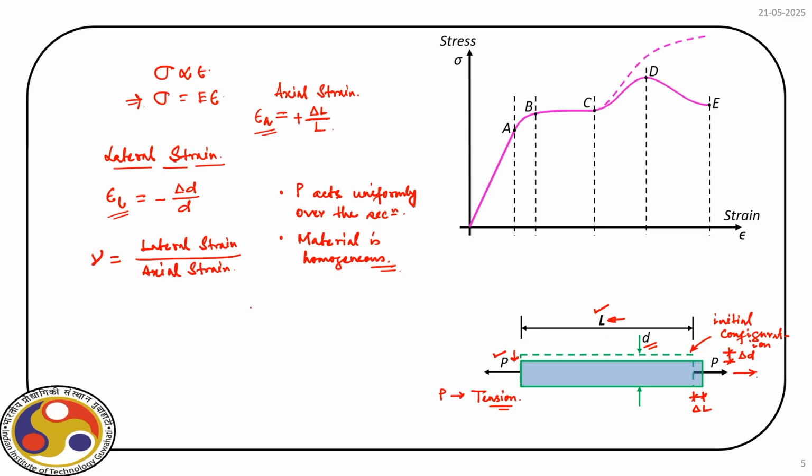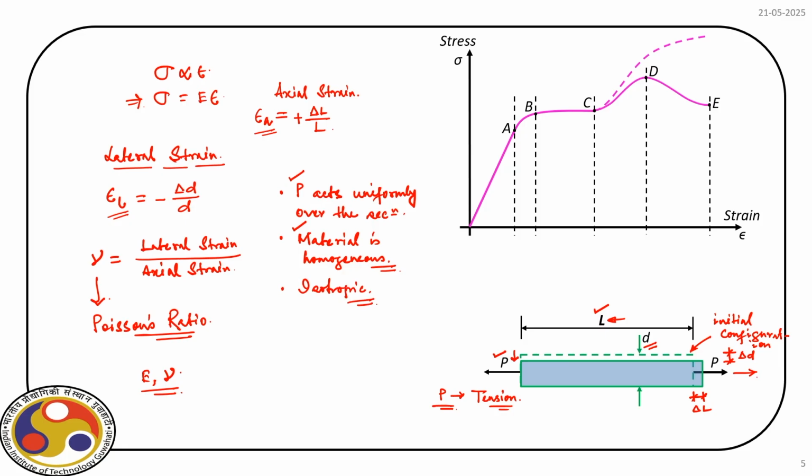So, now we can quantify the strain in the orthogonal direction with respect to the applied force P. And we define another material property which is called Poisson's ratio. Okay. So, earlier we defined Young's modulus, and now we have Poisson's ratio. And what are the assumptions? As you can see, P is uniform over the cross section, the material is homogeneous, and also it is isotropic.